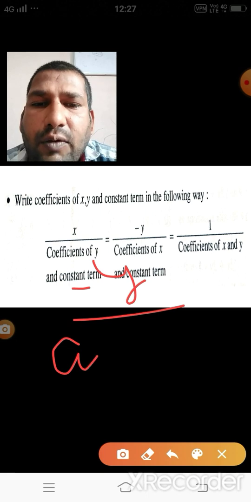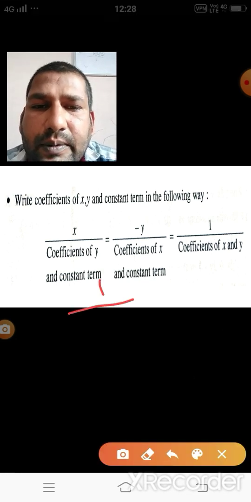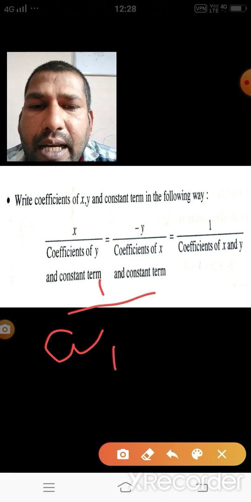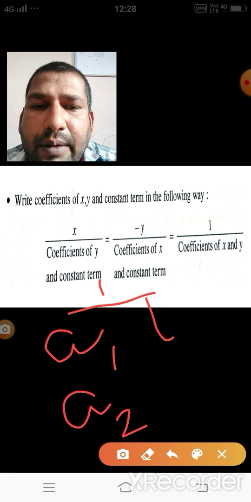Similarly, minus y upon the coefficients of x, which in the given equations are a1 and a2, and the constant terms c1 and c2. For the last one, 1 upon, we write the coefficients of x first, a1 a2, and then the coefficients of y, b1 b2.